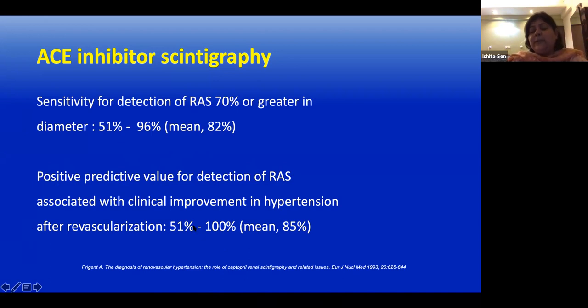So if you find a patient who demonstrates renovascular pathology on ACE inhibitor scintigraphy and you revascularize this patient, there is a higher chance that you would be able to predict pre-operatively, pre-angioplasty, whether or not this patient would improve in terms of his hypertension after revascularization.